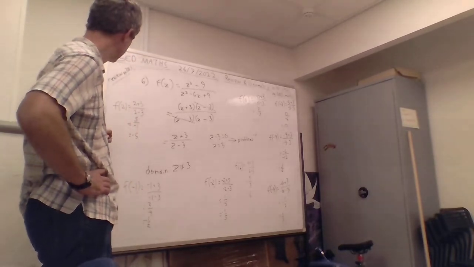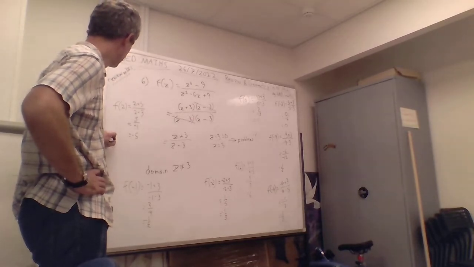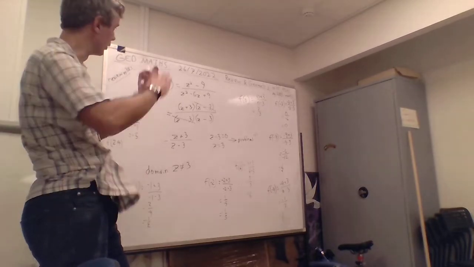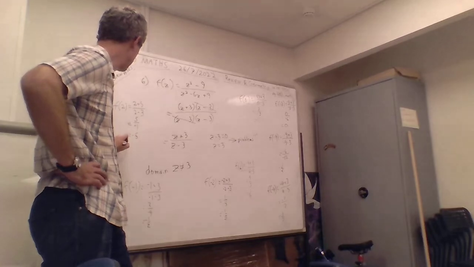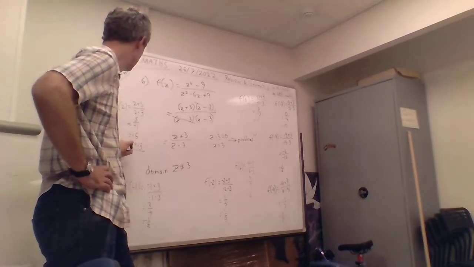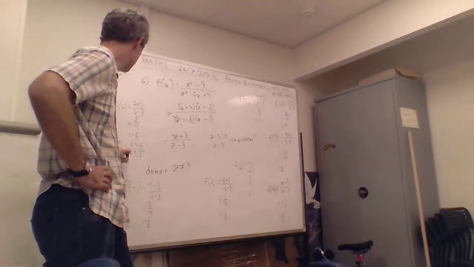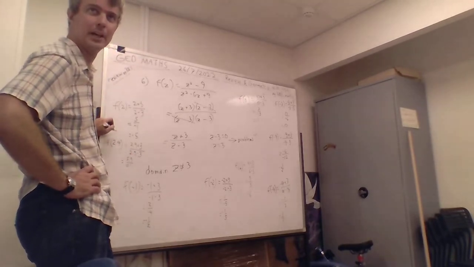Maybe if we do f of 2.9 or something like that, getting close to 3. f of 2.9 equals 2.9 plus 3 over 2.9 minus 3, which equals 5.9 over 0.1. That's going to get big. That'll be like 59, right?